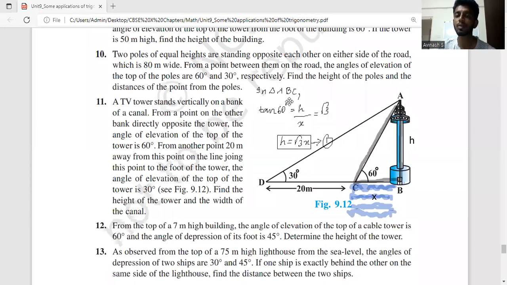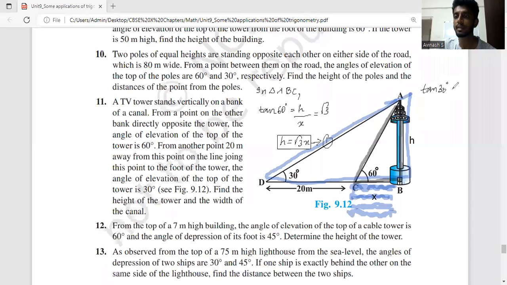Now, let us do the other part, which is the larger triangle, which I would like to shade using the blue color, this one. So let us target the larger triangle. Now what happens is tan 30.